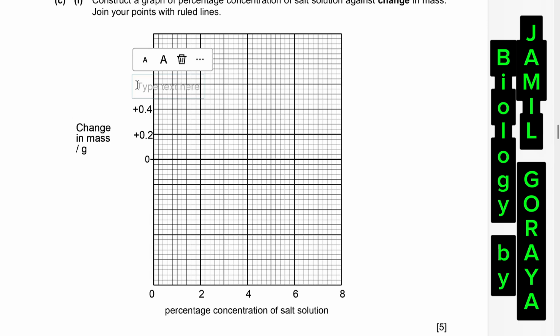Next will be positive 0.6. The next one will be positive 0.8, and here it will be positive 1.0.